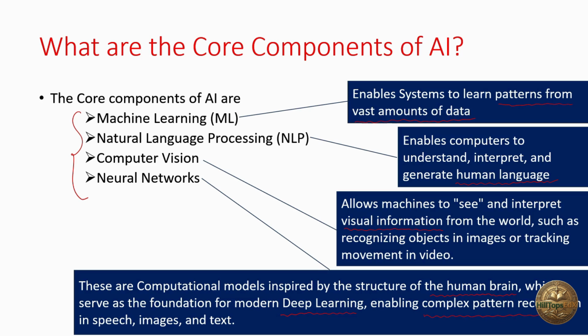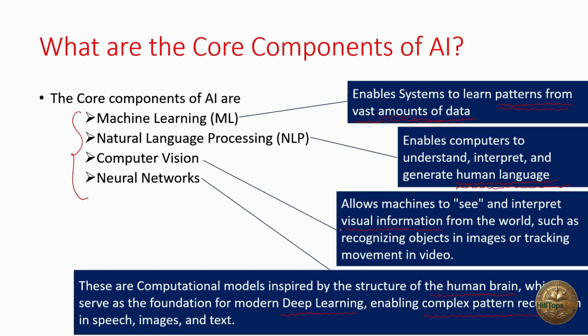So let me once again explain each of these four components. Machine learning is strongly connected to patterns from vast amounts of data, and natural language processing is strongly connected to interpreting, understanding, and generating human language.